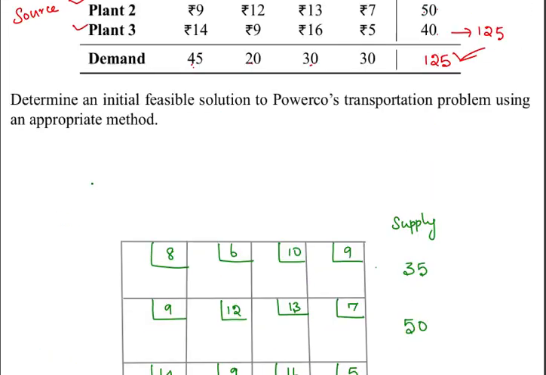First step, I want to determine the initial feasible solution. There are 3 methods for the initial feasible solution. One is the Northwest corner method. Second is the least cost method.